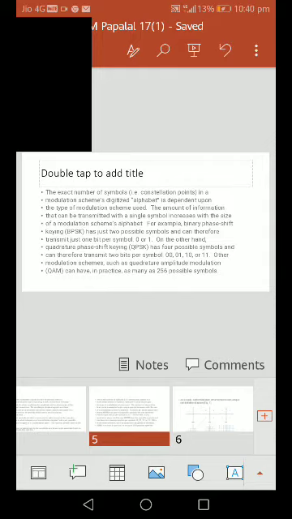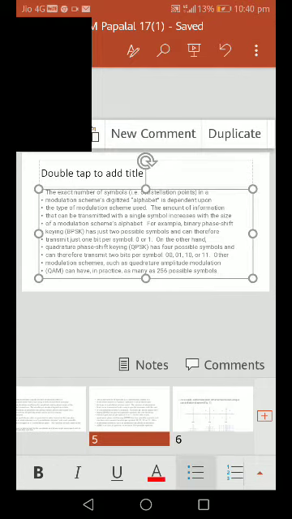The amount of information that can be transmitted with a single symbol increases with the size of the modulation scheme's alphabet. For example, binary phase shift keying has just two possible symbols and can therefore transmit just one bit per symbol, 0 or 1.